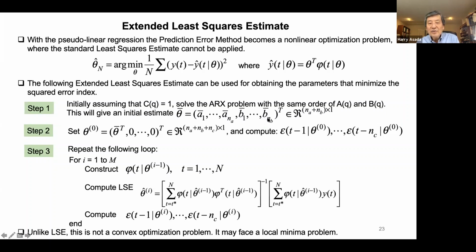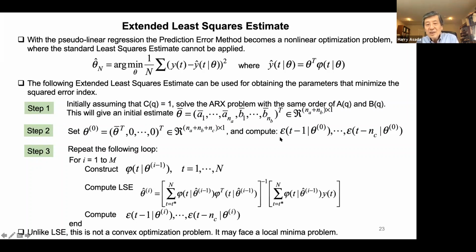And C's are assumed to be 0. So setting all the A's and B's, theta bar, from the ARX solution, we set theta iteration 0 to be theta bar transpose, 0, 0, 0 for the C's, and we assume this is the best estimate of theta.